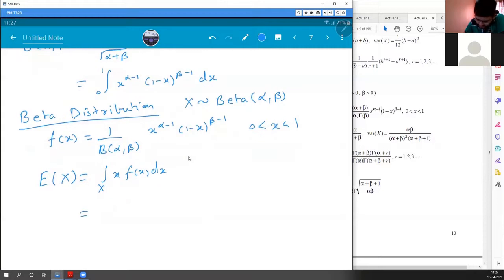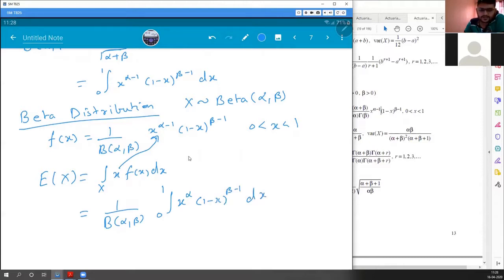For expected value, I will take my 1 by beta alpha comma beta out, integration 0 to 1, and we'll have x raised to alpha, because this is multiplied by this, and 1 minus x raised to beta minus 1 dx.